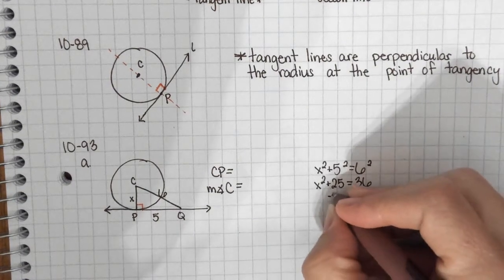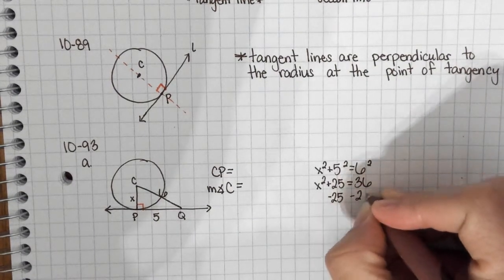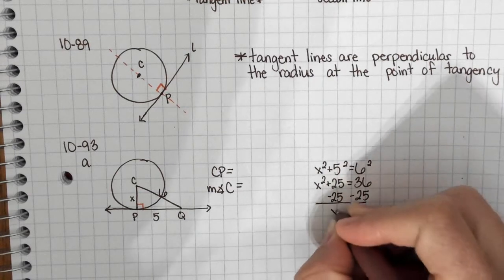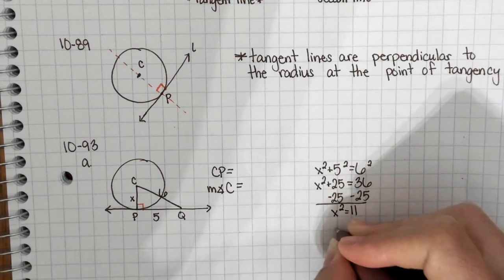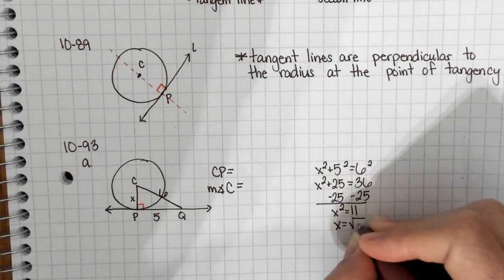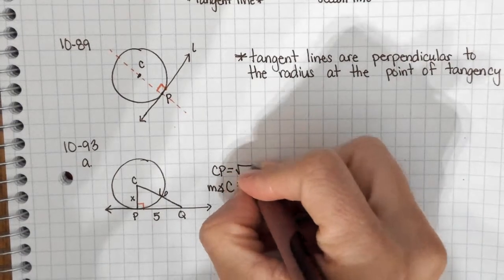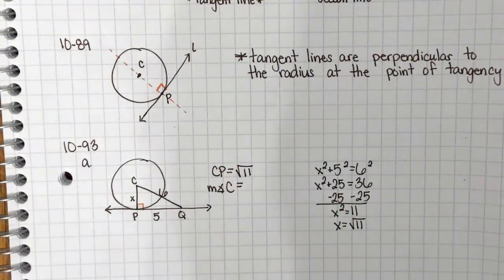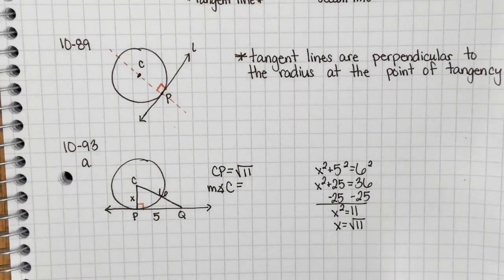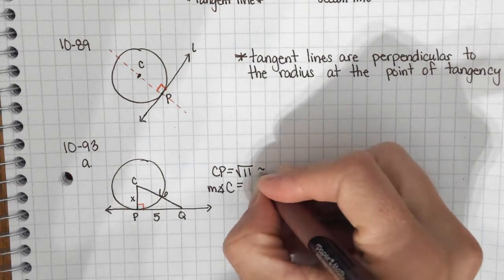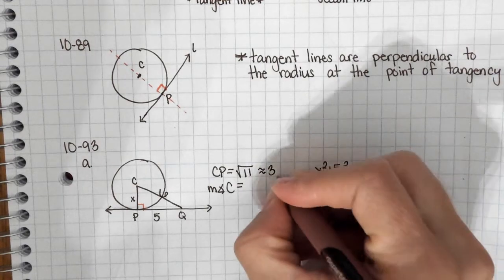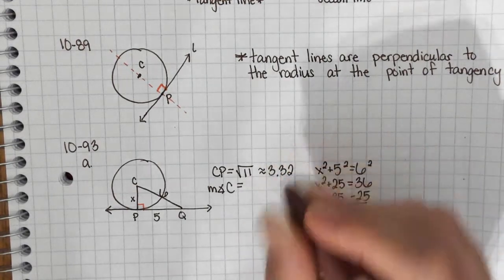Subtract 25 on both sides. X squared equals 11, so x equals the square root of 11. So CP is equal to the square root of 11, and if you want to turn that into a decimal answer, that's about 3.32.